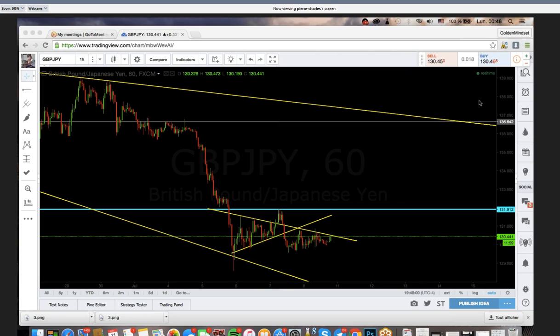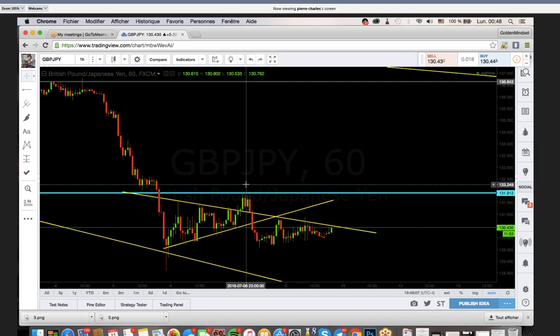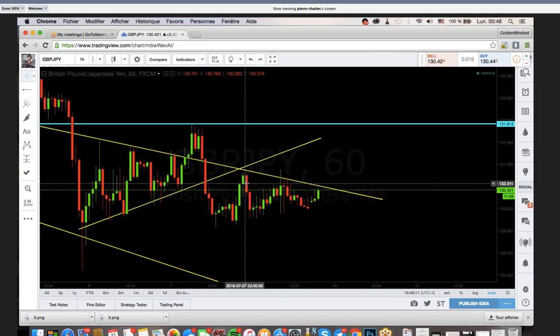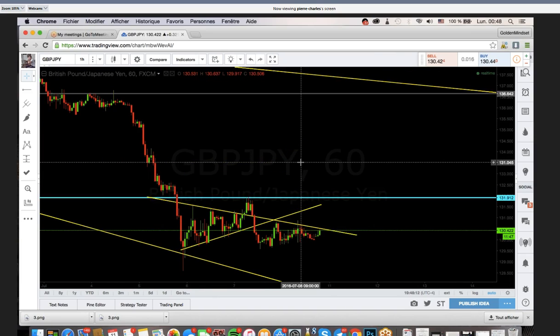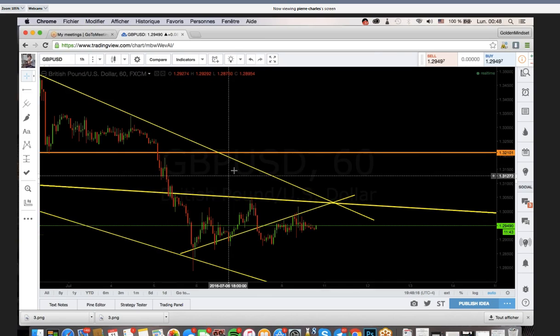This is very true with any pair. If you look at the GBP JPY chart from the daily and monthly standpoint, really zoomed out, you will see where the price keeps heading to.